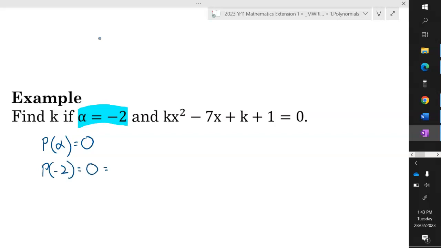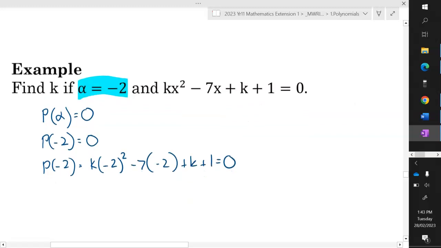So let's sub minus 2 in here where x is, and we'll see what that falls out as. So we're going to end up with k times minus 2 squared minus 7 times minus 2 plus k plus 1. Remembering that we're substituting in for x, not for k.